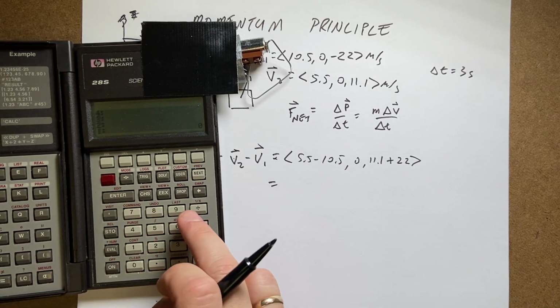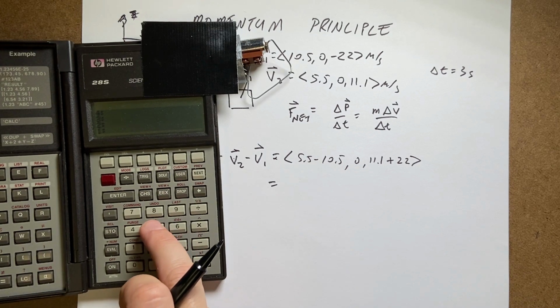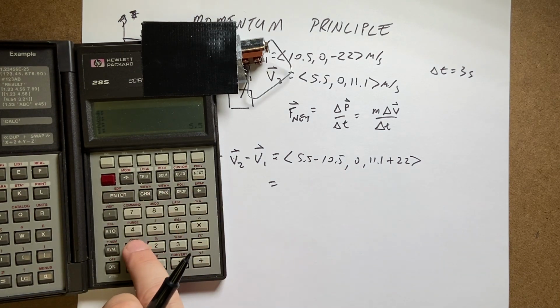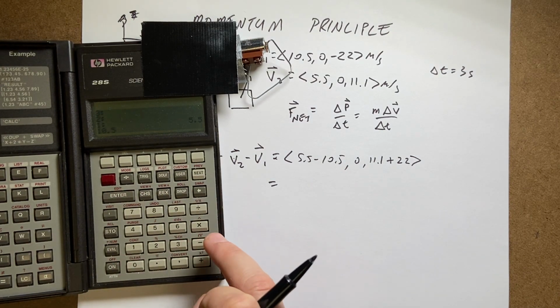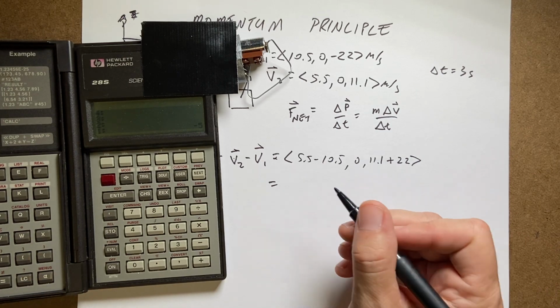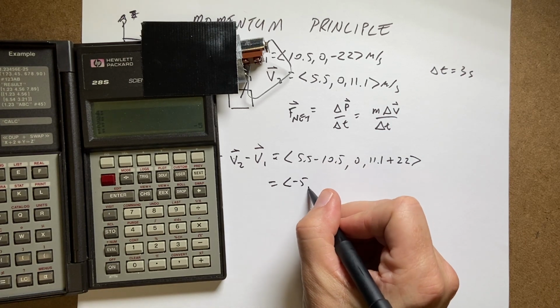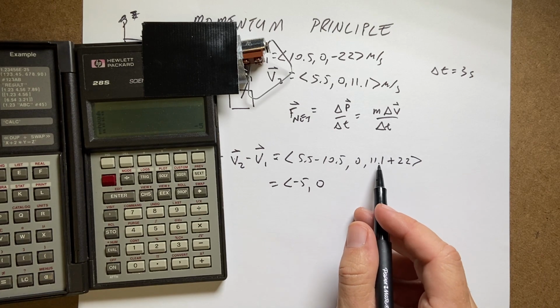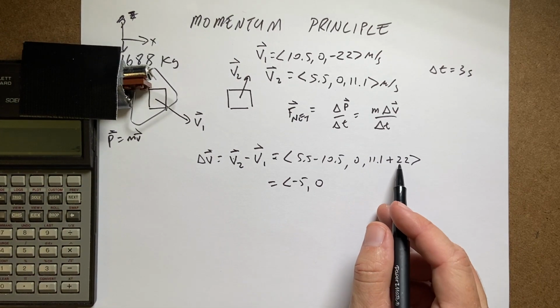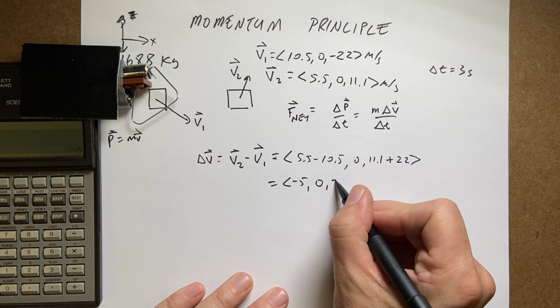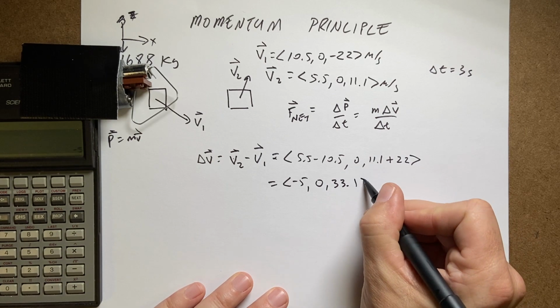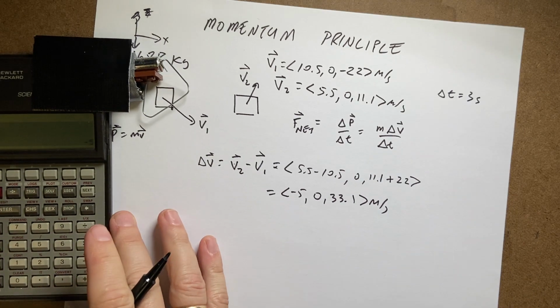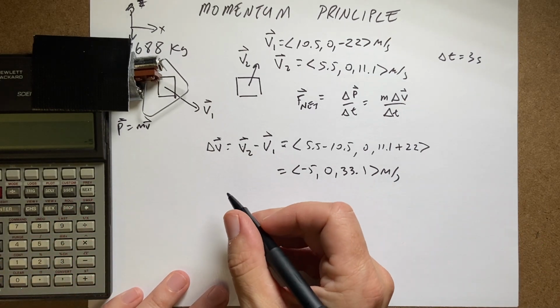Yeah, I know I stole that from Blue's Clues, but that's cool. So 5.5 minus 10.5, I could have done that in my head, is negative 5. Zero. And this one I can do in my head too, it's going to be 33.1 meters per second.